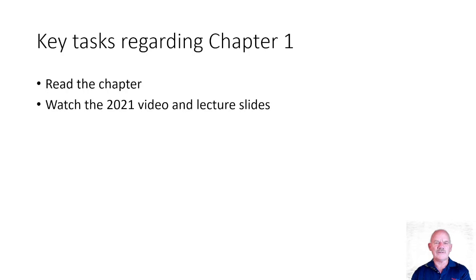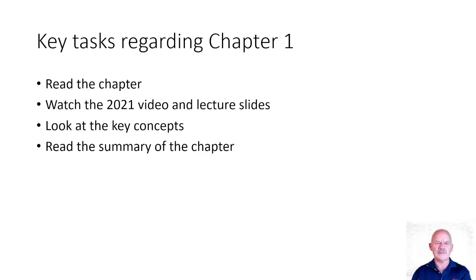All of them are on ClickUp under 2021 lecture slides. Then look at the key concepts in the back of the textbook. There's a long list of key concepts which you need to know what they mean, and this textbook tells you exactly on which page these concepts occur.